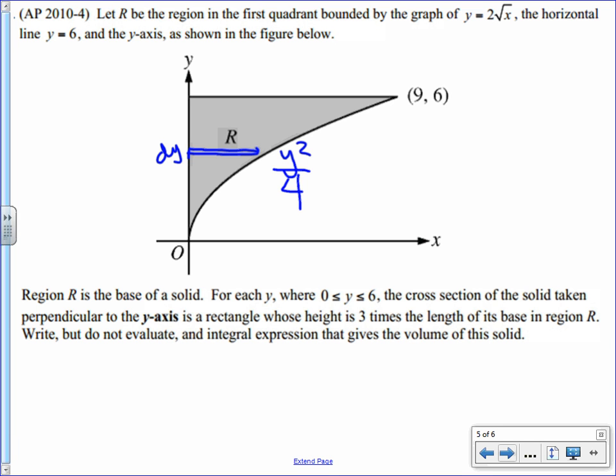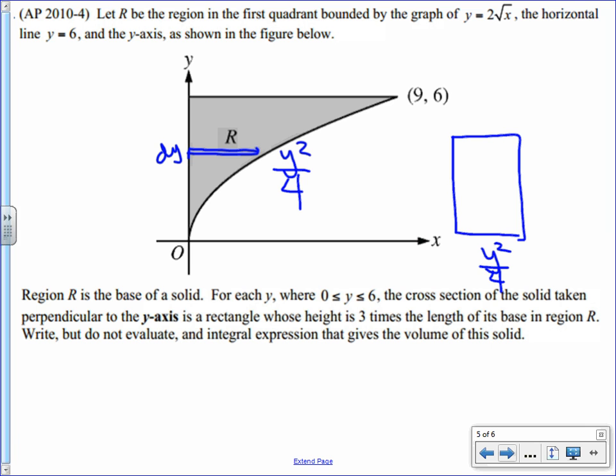So now that blue represents the base of our rectangle, right? What is the base of our rectangle? Y squared over 4 minus 0. So it's just y squared over 4.